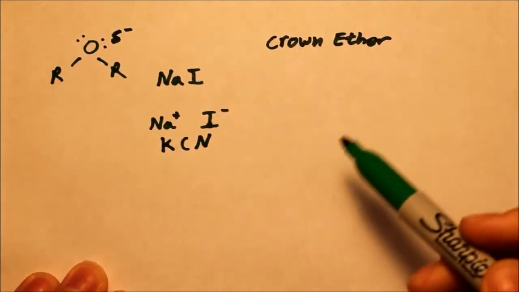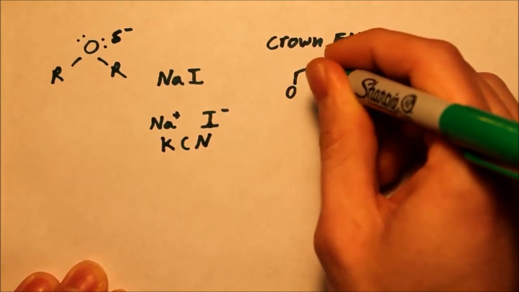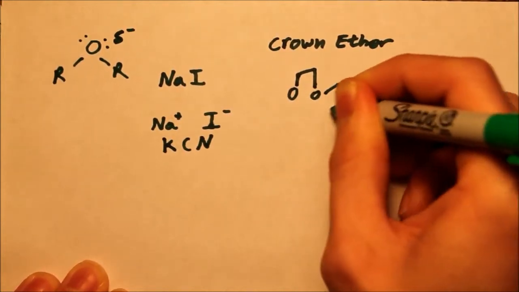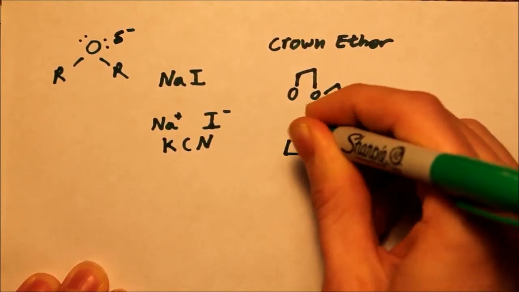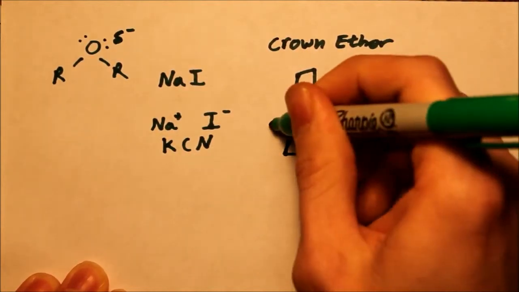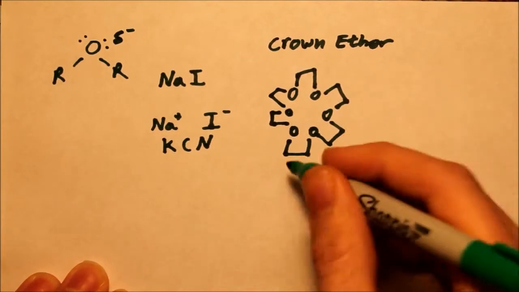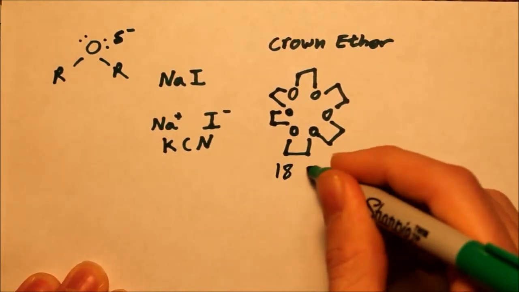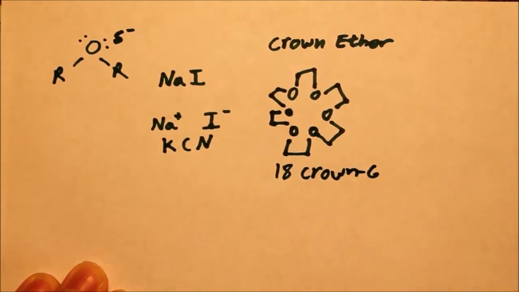Because crown ether, as you can see, basic structure, oxygens, and so once we do this, isn't the greatest picture, but this is an example of 18-crown-6 ether. 18-crown-6.